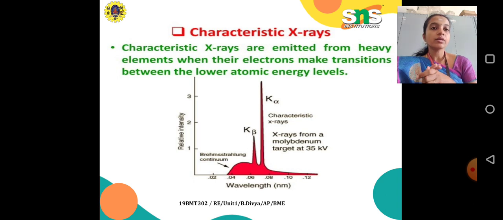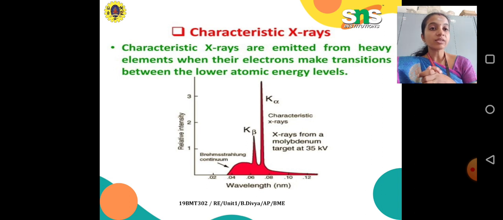Here we can see the K alpha and K beta. K alpha and K beta are the characteristic X-rays from molybdenum targets at 35 kilovolt.